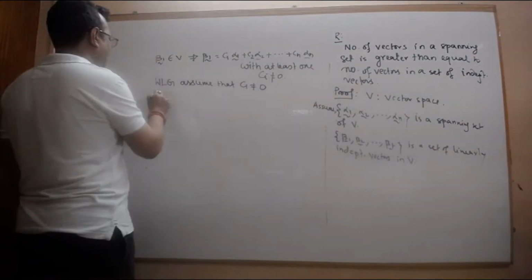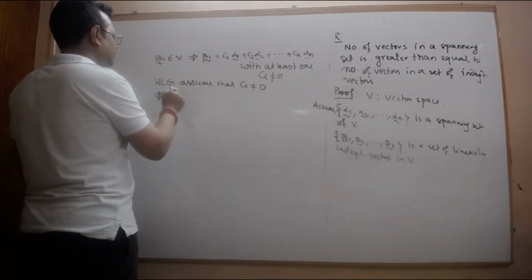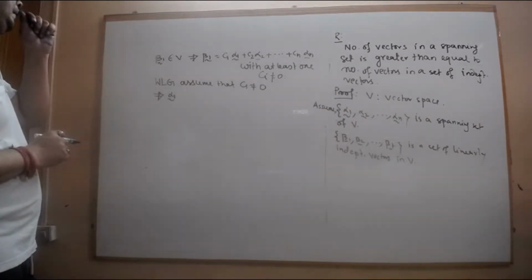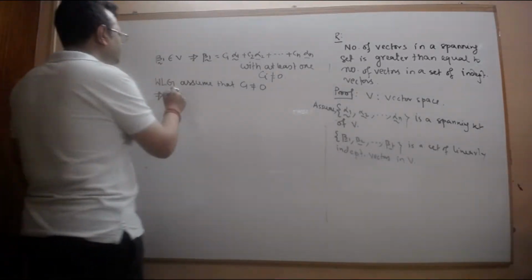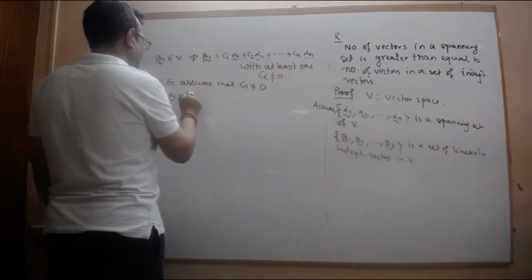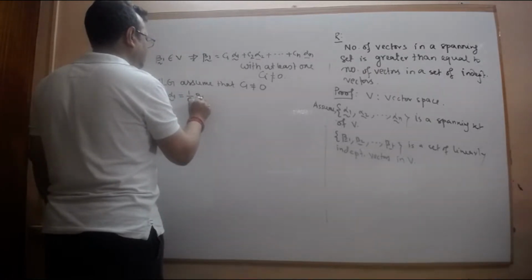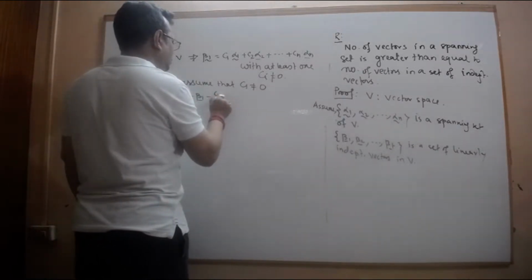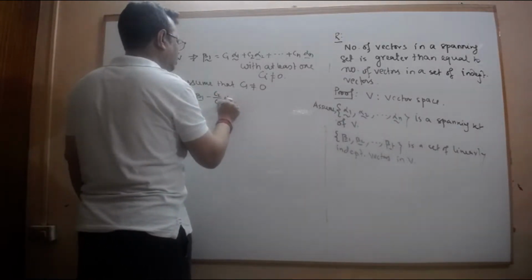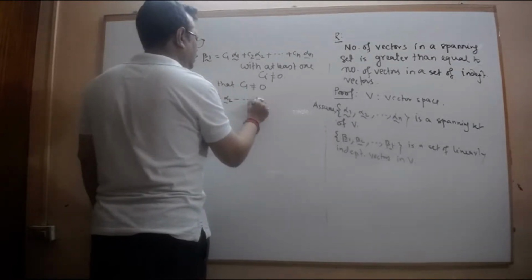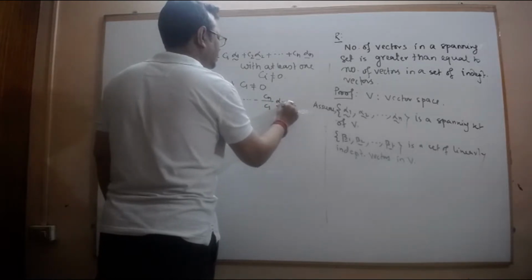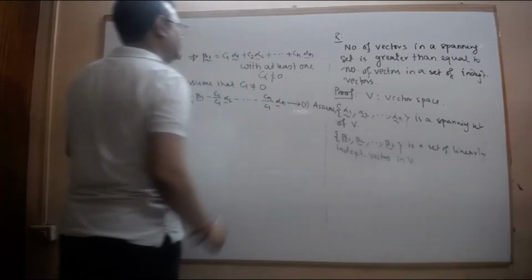Then this implies alpha 1 curl equals 1 by C1 beta 1 curl minus C2 by C1 alpha 2 curl and so on up to minus Cn by C1 alpha n curl. We denote this by 1.